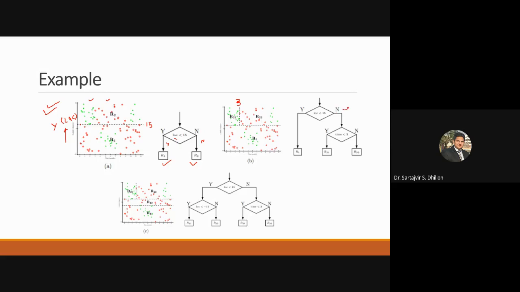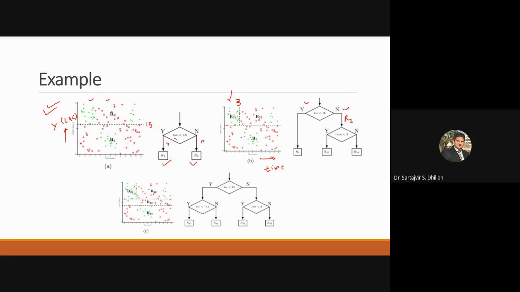If it is yes or no for LOC less than 15, and if it is no, then it is in region 2. Here the x-axis is there, in which the time is represented. If the time is less than 3, then we say it is this area.